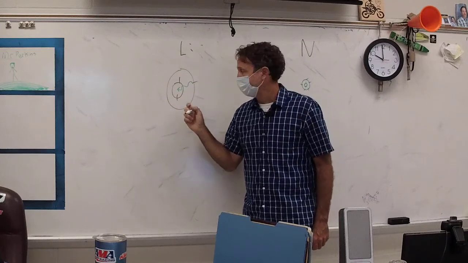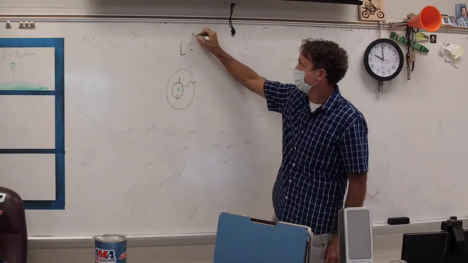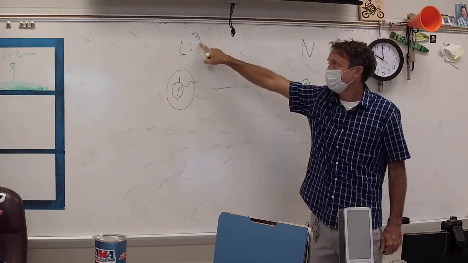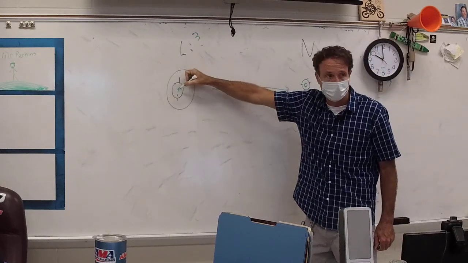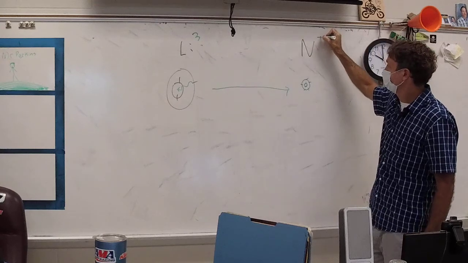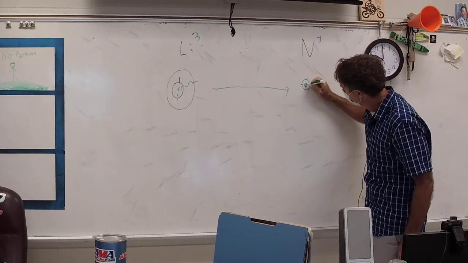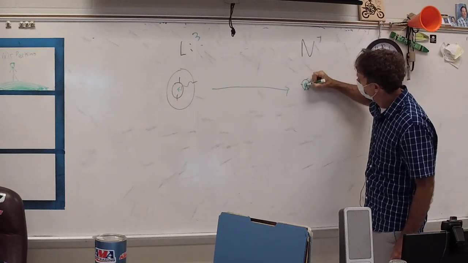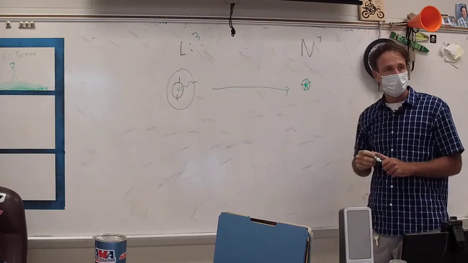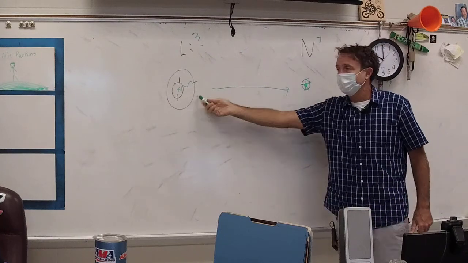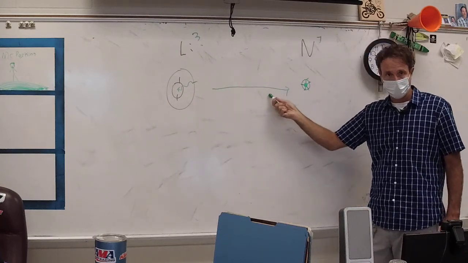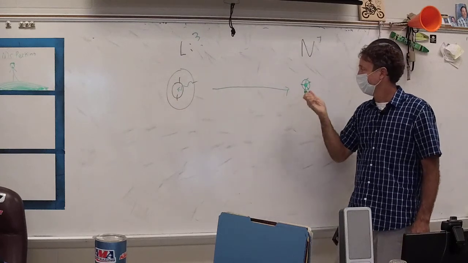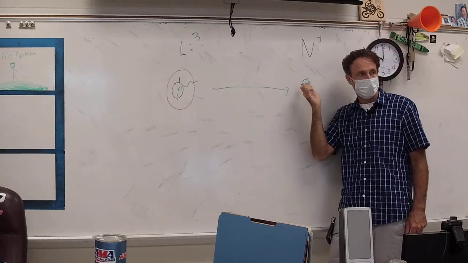Now, obviously, as we go to the right across the periodic table, lithium's number 3. It's got 3 protons in the nucleus. But look at nitrogen. It's number 7. It's got 7 protons in the nucleus. So there's a stronger pull towards the nucleus. So as you go to the right across the period, you're adding protons. So you're making a stronger electromagnetic nucleus.